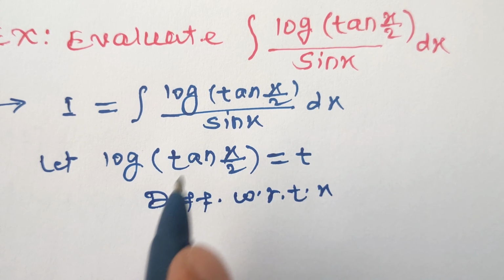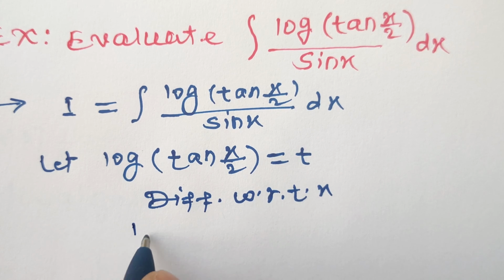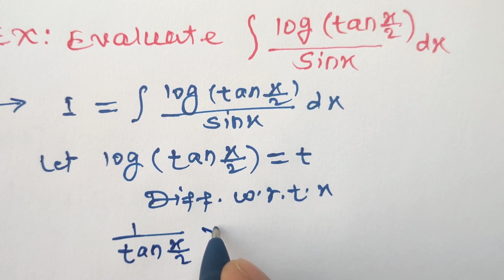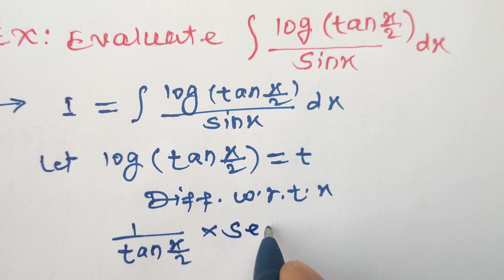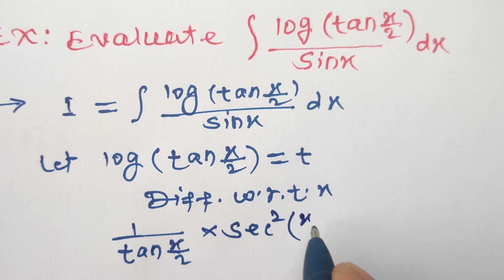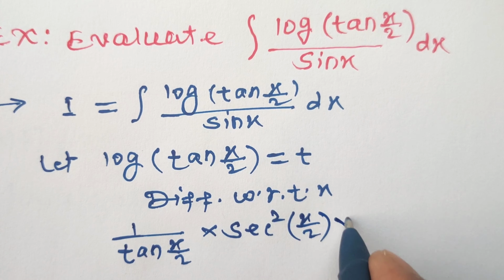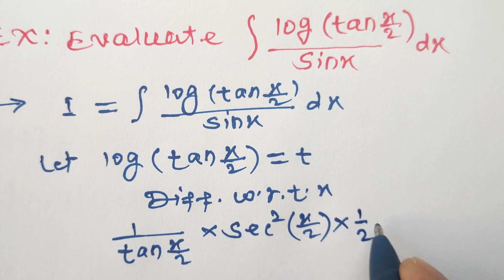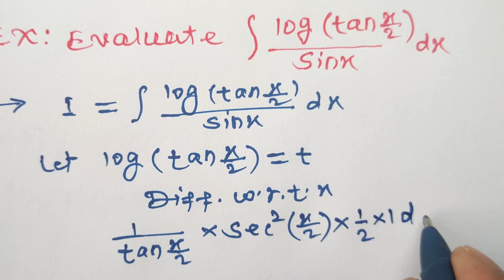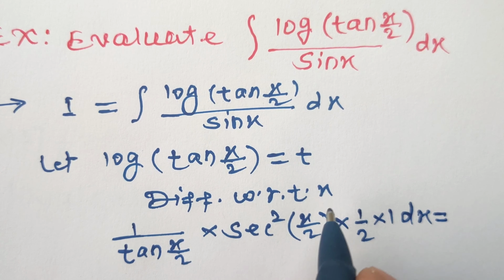The derivative of log is 1 upon this function, so 1 upon tan of x upon 2, into the derivative of tan of x upon 2, which is sec square x upon 2, into the derivative of x upon 2 with respect to x, that will be 1 upon 2 into the derivative of x with respect to x, that is 1, dx is equal to dt.